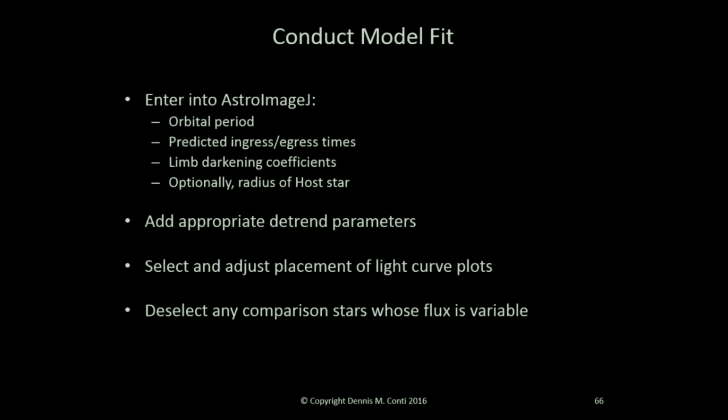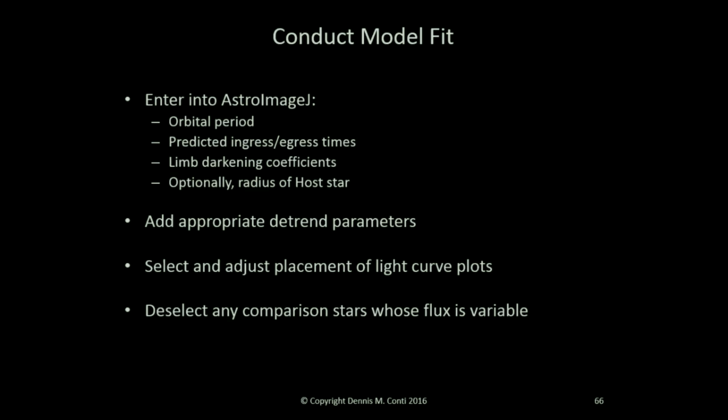Also, as we mentioned, the worksheet is a good way to record what these prior parameters are. Among the prior parameters are, first of all, the orbital period of the exoplanet as it transits its host star, the predicted ingress and egress times, the limb darkening coefficients, and optionally the radius of the host star.